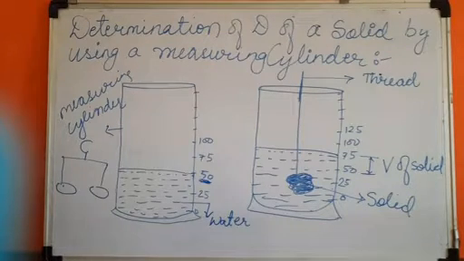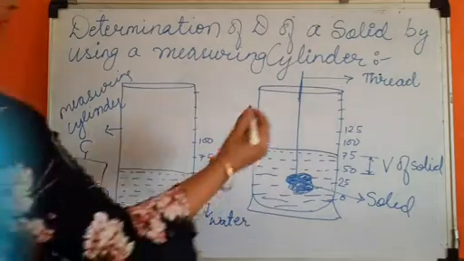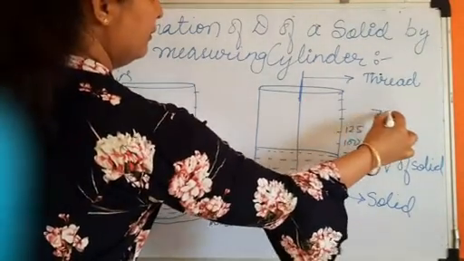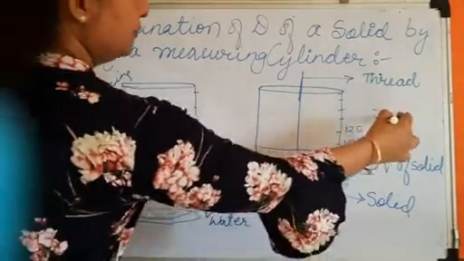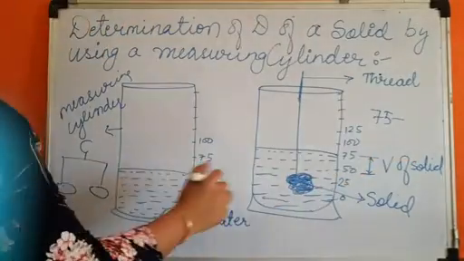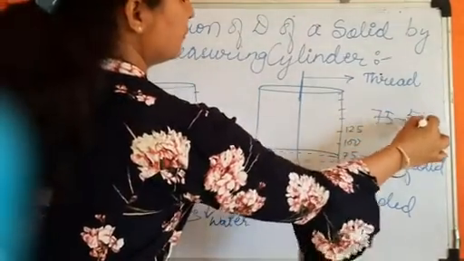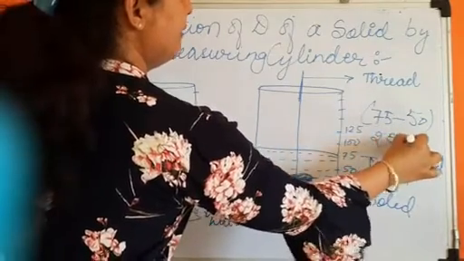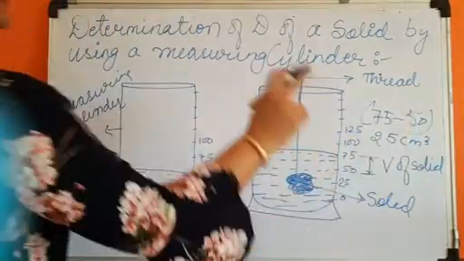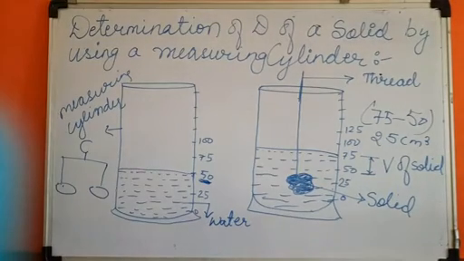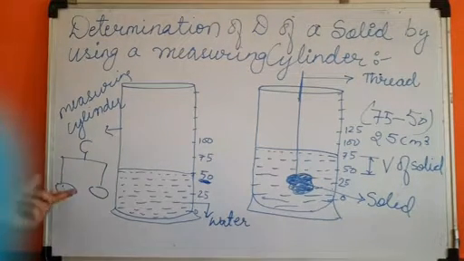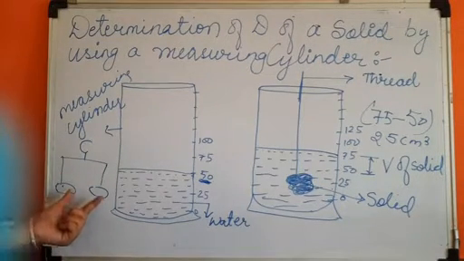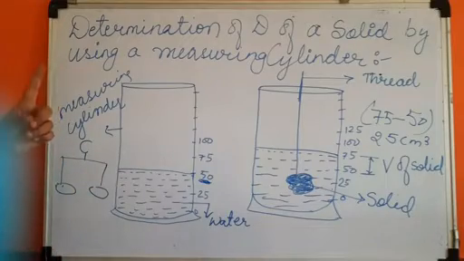Now the volume of the solid will be the final reading 75 minus the initial reading 50. What is the volume? That is 25 centimeter cube. This is the volume of the solid. Now, using the physical balance, we had determined the value of the mass of the solid.